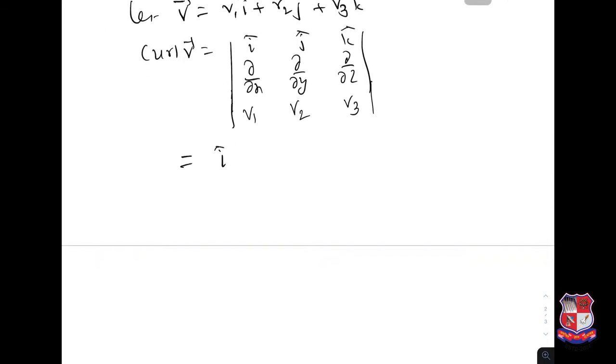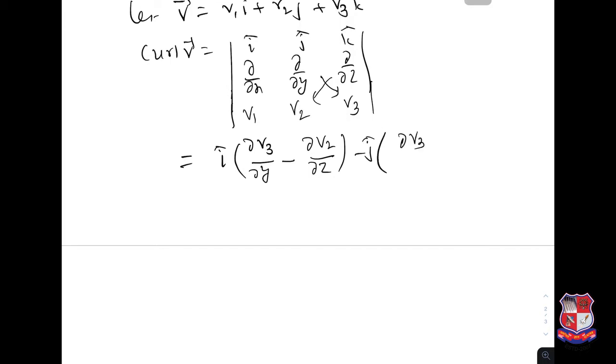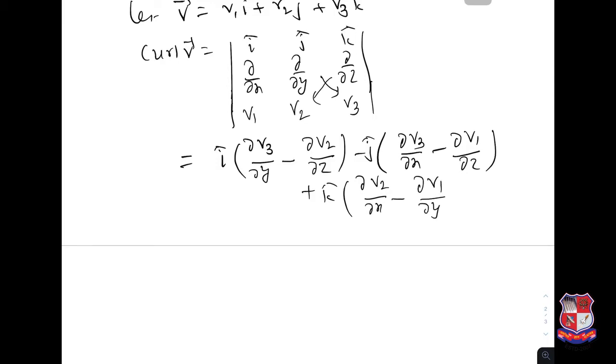So this is equal to i (del v3 by del y minus del v2 by del z) minus j (del v3 by del x minus del v1 by del z) plus k (del v2 by del x minus del v1 by del y).